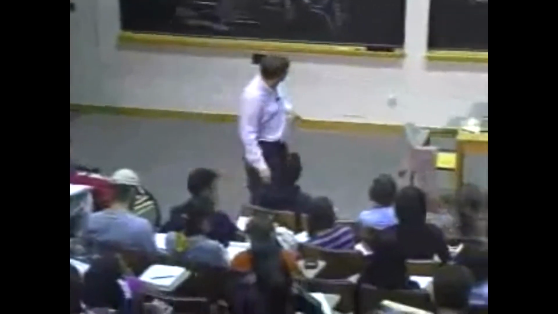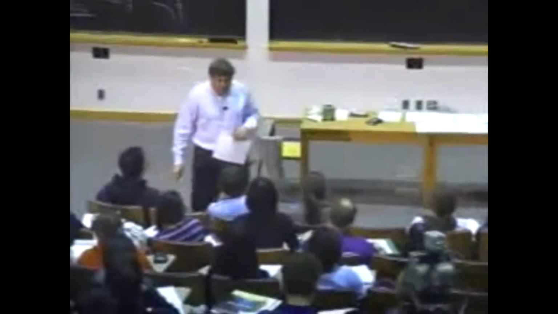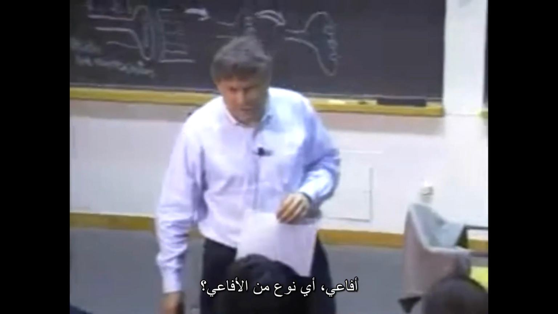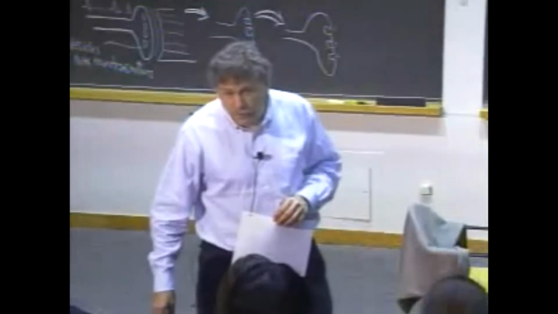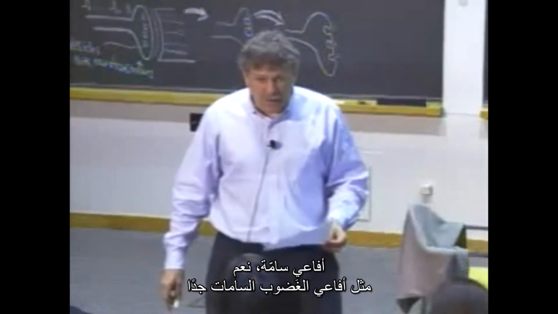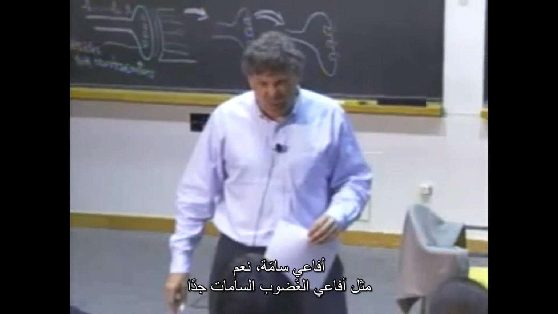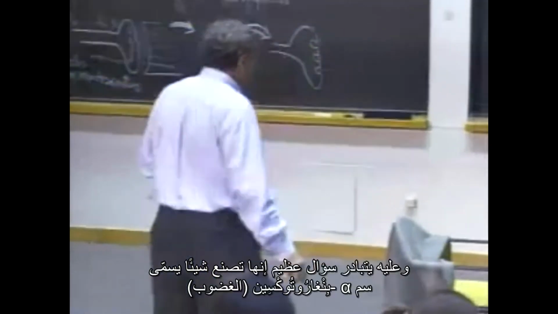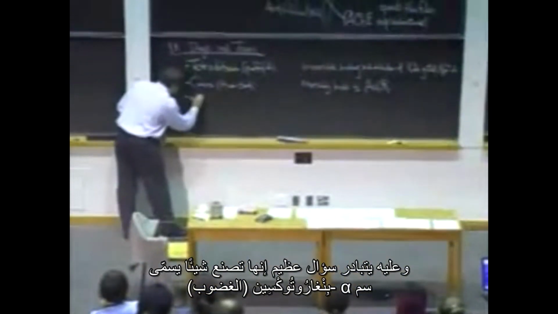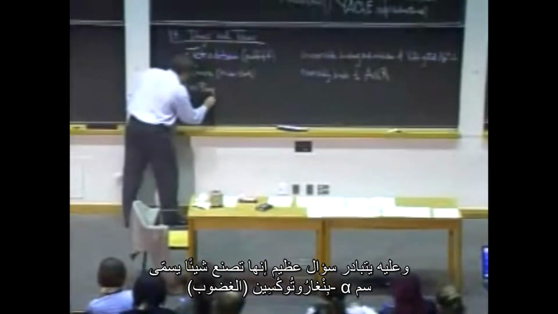Yes? Is that what snakes use and other animals that paralyze their prey? Snakes. Ooh. What kind of snakes? Venomous snakes. Yeah. Like Bungarus snakes, the really poisonous ones? Yeah. So it turns out, great question, that they make something called alpha-bungarotoxin.